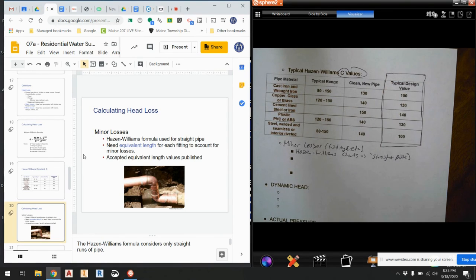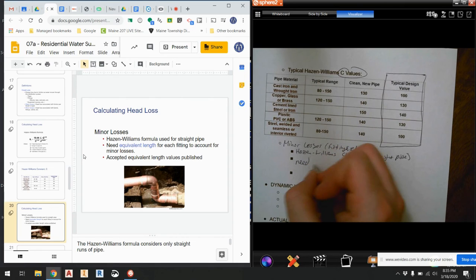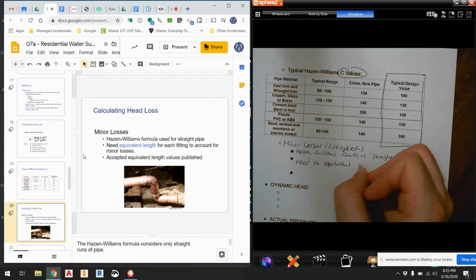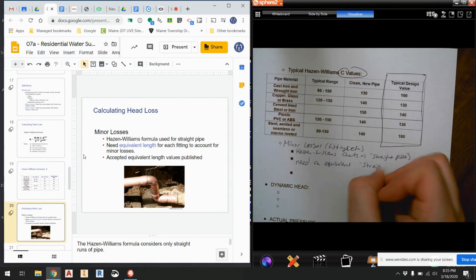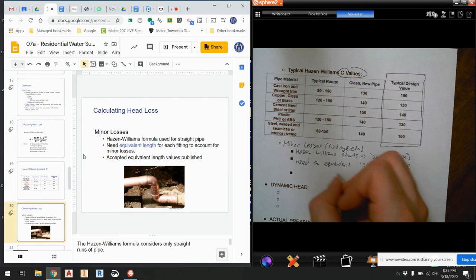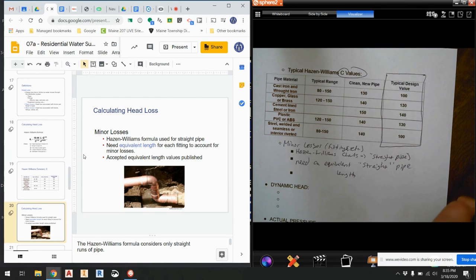So if you have a 90-degree elbow, that's the same as, say, 1 foot of pipe. I'm just making that up. I think in actuality, a 90-degree elbow would be something like 10 feet of pipe. All right. And so the whole point is you need an equivalent straight pipe length.